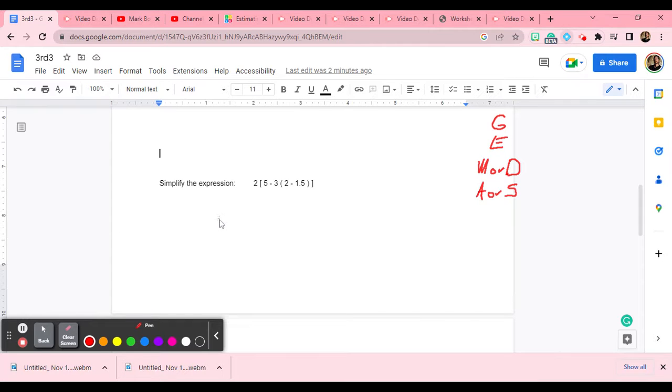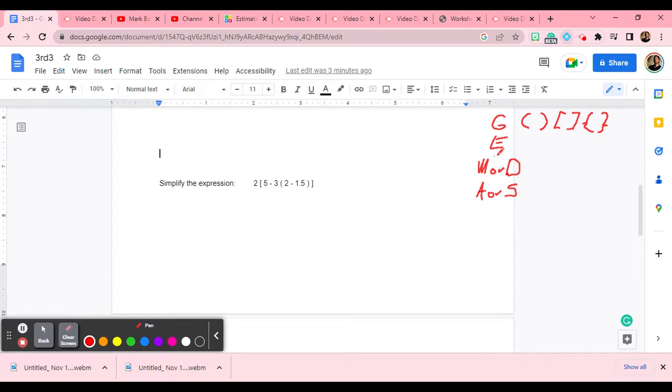Simplify the expression. So we have to do grouping first. Grouping includes parentheses or brackets, and it can also include curly braces. All of these things are groups.